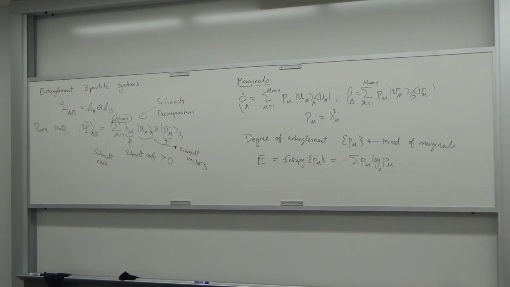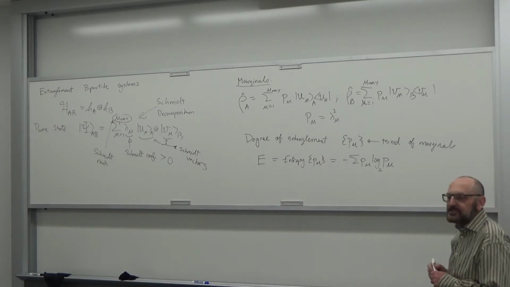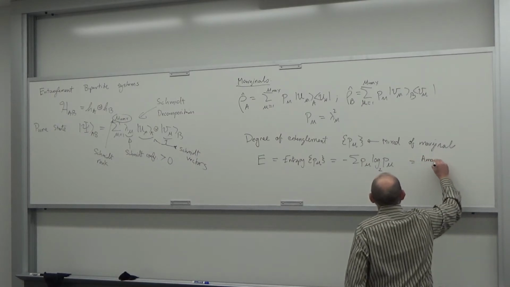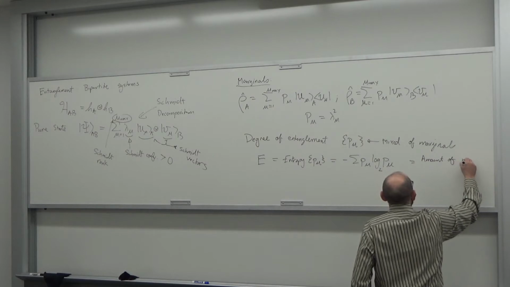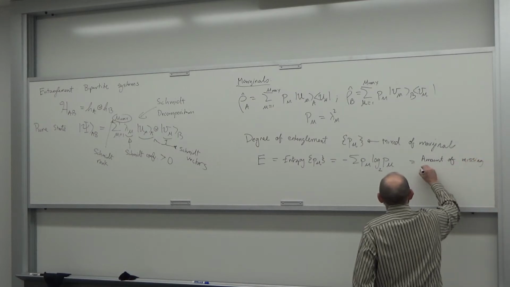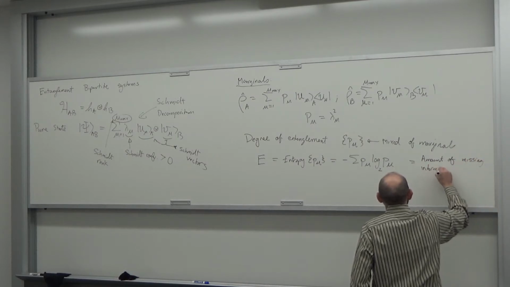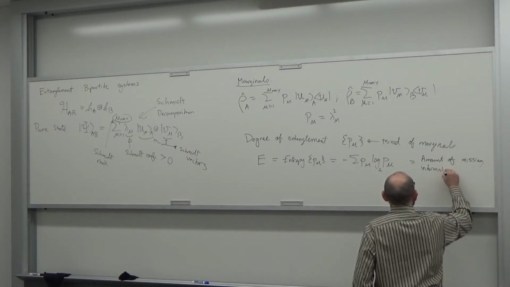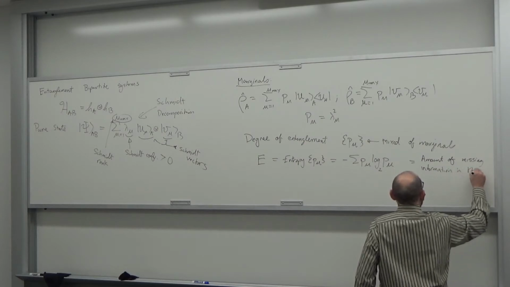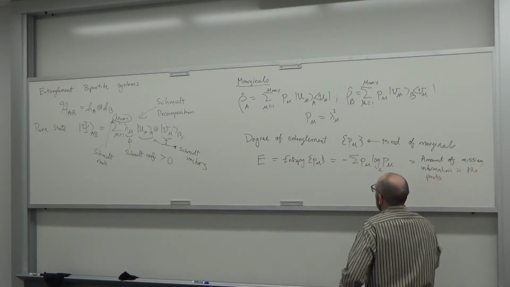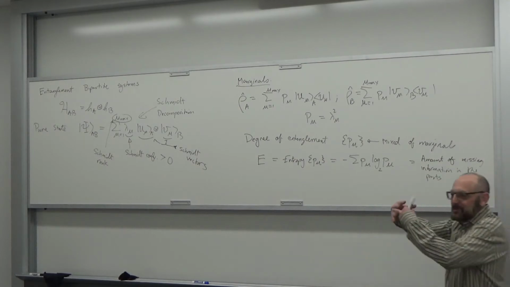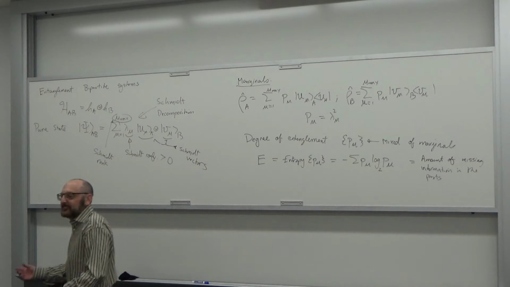Typically these days we like to measure it in base 2, so we think about it as bits, is equal to the amount of missing information in the parts. So it's how many bits of information I would need to specify the whole state.